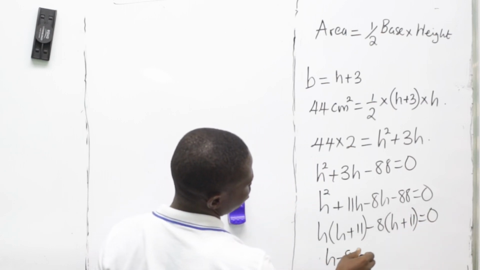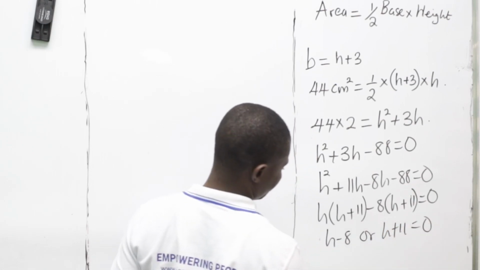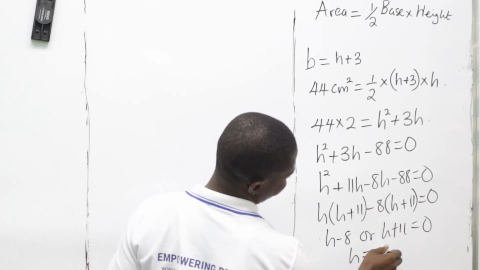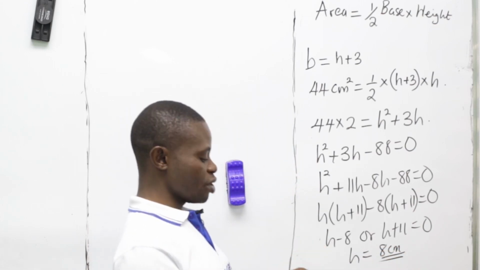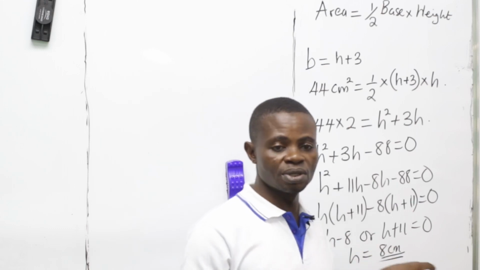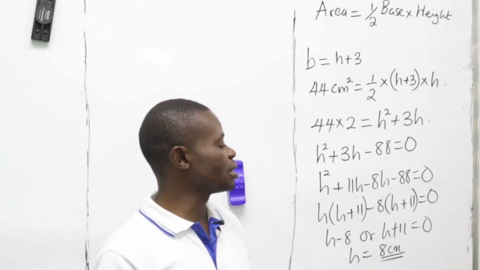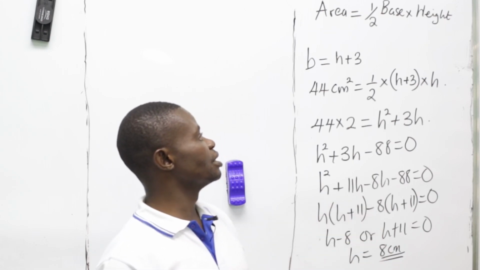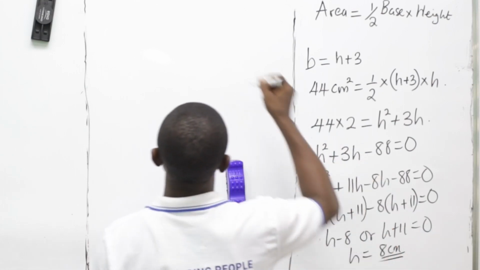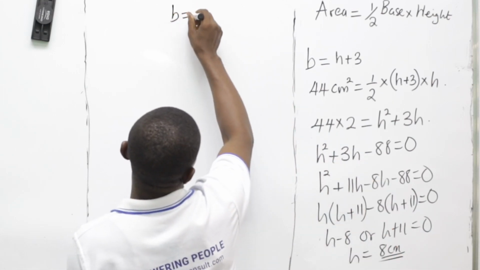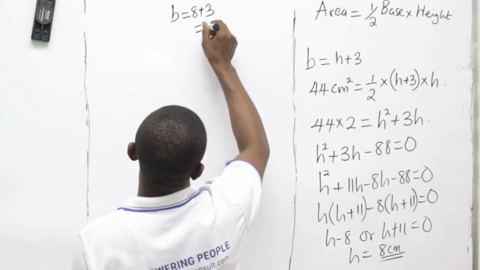H minus 8 or h plus 11 equals 0. Therefore, height equals 8 cm. Since height cannot be negative, we are choosing 8 centimeters for the height. So the length of this triangle is 8 centimeters. If you want to check the base, base equals height 8 plus 3, to give us 11.